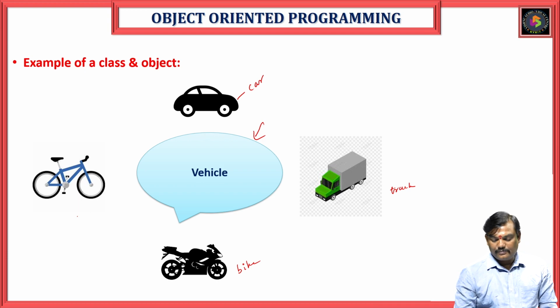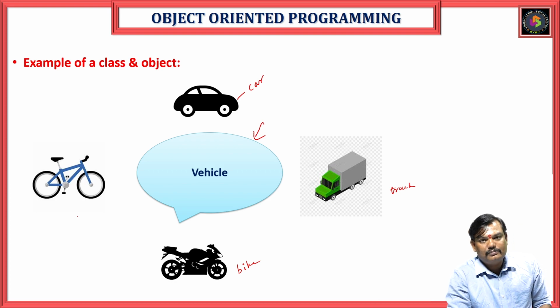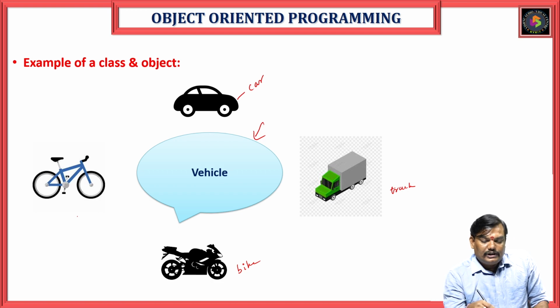So these are the different types of objects that we can create for the vehicle class. This is an example of how we are going to use classes and objects in our program. Now we have to write a program for creating a class and for creating objects. How we will do this, that we will be discussing.